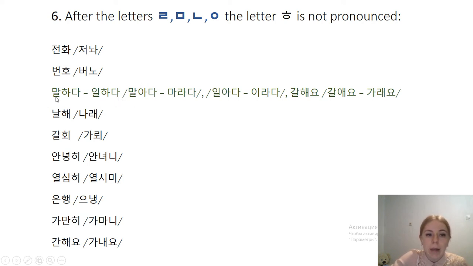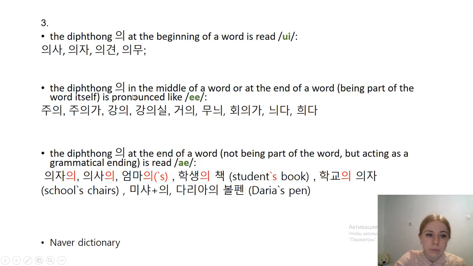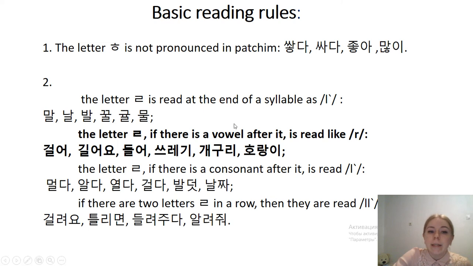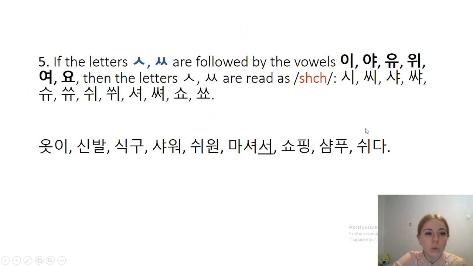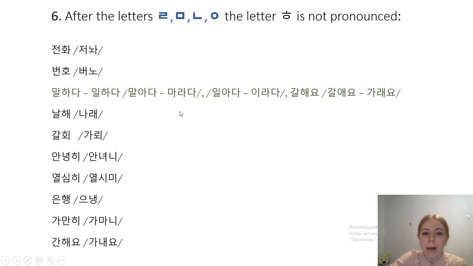We see 말 and then ada without h. 말, ada. But we have another rule. We remember that the letter l, if there is a vowel after it, we read like r. So we don't read it like 말하다. We read it like 말하다.